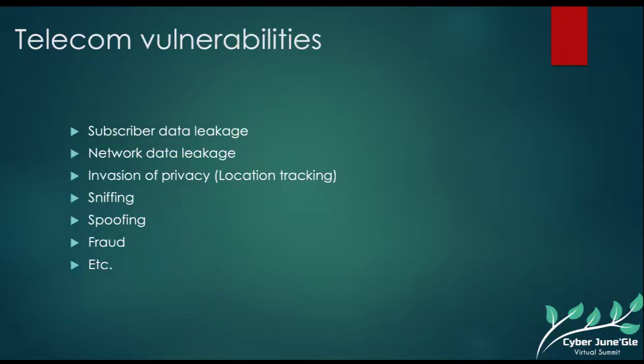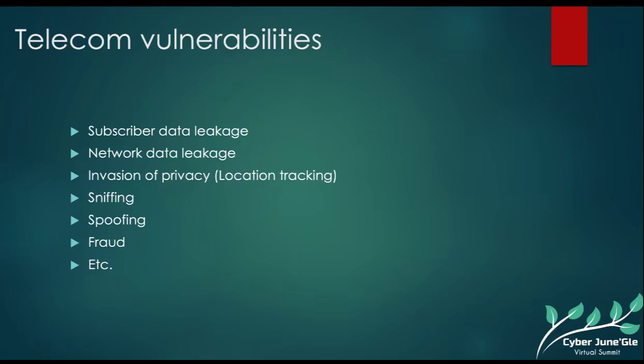In this slide, I divided all possible attacks and vulnerabilities in telecom. First is subscriber profile data leakage, or subscriber data leakage. The second one is network data leakage, or maybe mobile node data leakage. Third is tracking mobile subscribers and breaking their privacy.